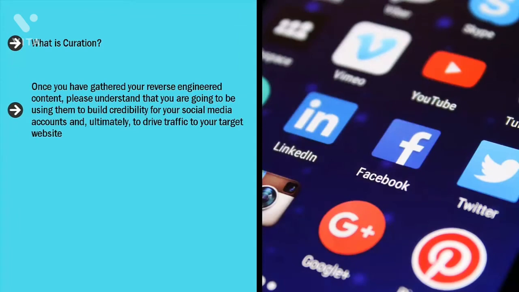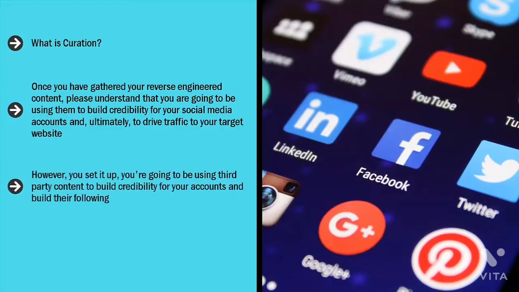Once you have gathered your reverse-engineered content, please understand that you are going to be using them to build credibility for your social media accounts and, ultimately, to drive traffic to your target website. Your target website could be a resource site, it could be a series of article pages, or it can be an actual blog. However you set it up, you're going to be using third-party content to build credibility for your accounts and build their following.